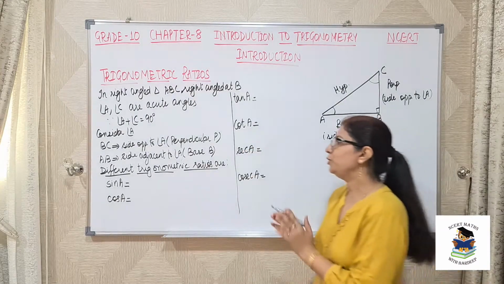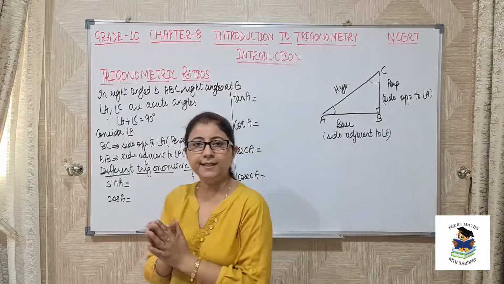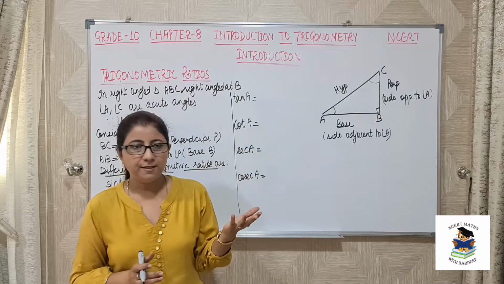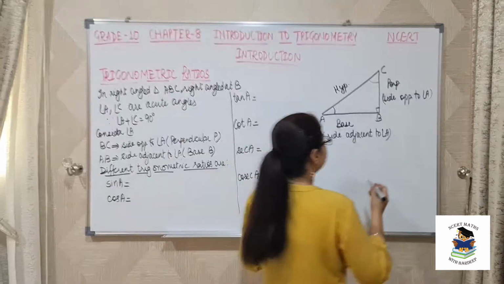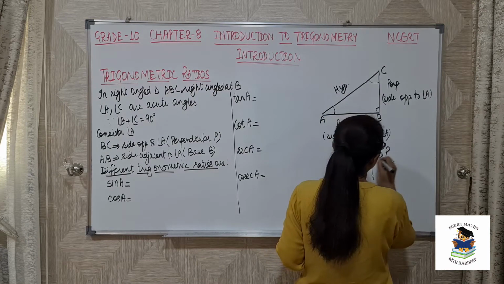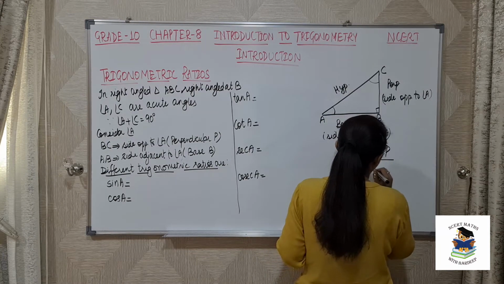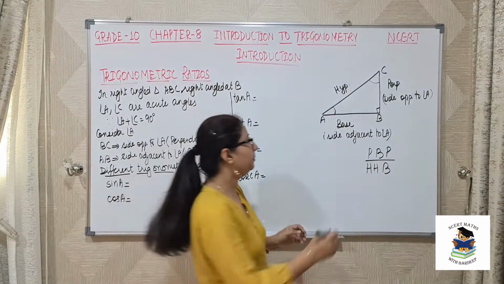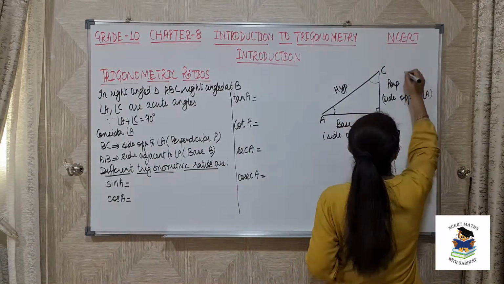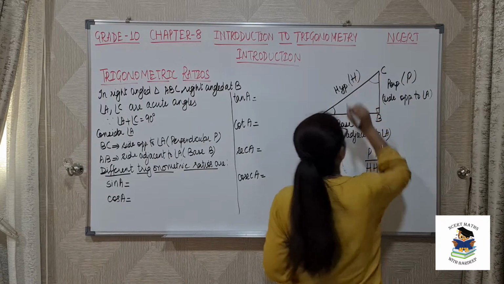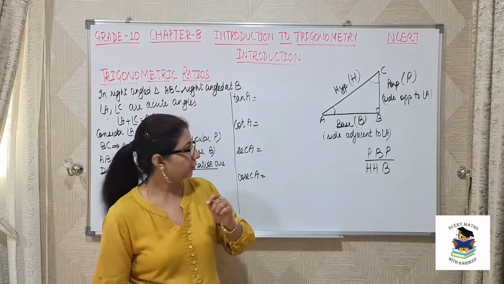Now we should know what these ratios are. There are two different ways in which you can memorize them. One is what our teacher told us during our time, that is PBP over HHB. What is P? P is perpendicular, B is base and H is hypotenuse.